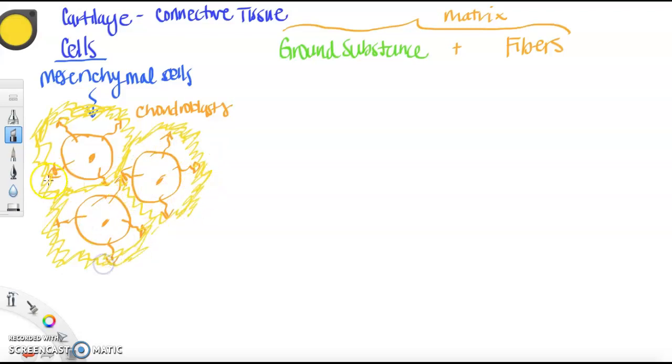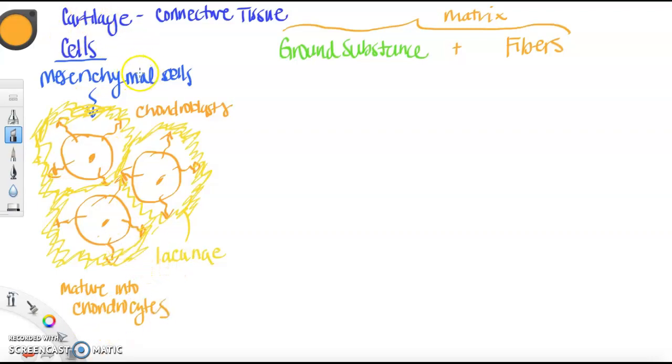It's like a little apartment, and this little apartment is called a lacuna. More than one is lacunae. And once they are encased in this lacuna, they mature into chondrocytes.